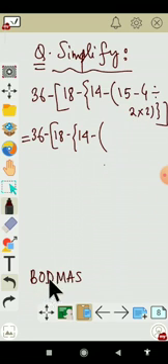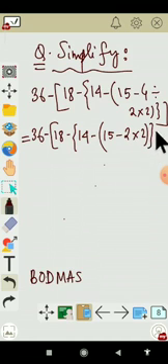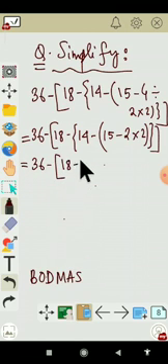In the BODMAS rule division comes first, so we have to do the division first. So here we will get 15 minus 4 by 2 is 2 into 2. Now we will get 36 minus 18 minus 14, then this multiplication, 15 minus 4.